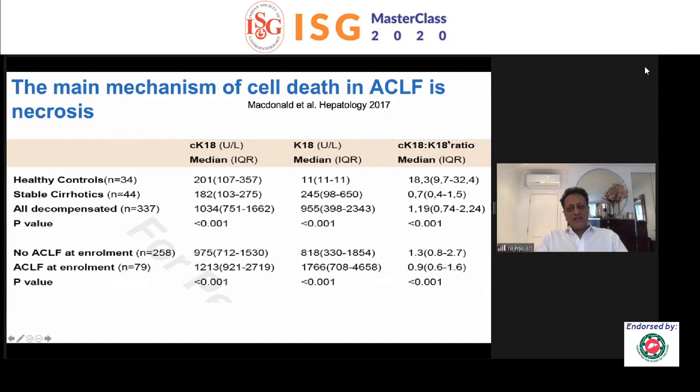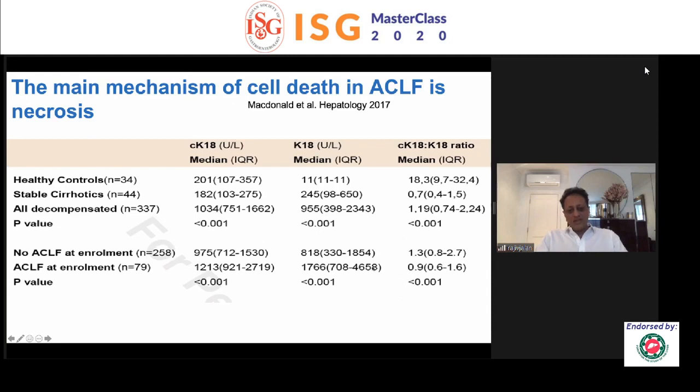The CK18 to K18 ratio defines the proportion of the main type of cell death. So if it's greater than 1, it tells you it's non-apoptotic forms of cell death, whereas if it is less than 1, it tells you it's predominantly apoptotic forms of cell death. I just want you to focus here, down here.